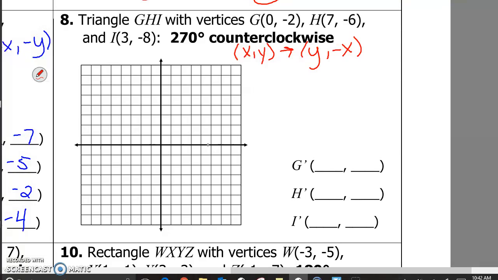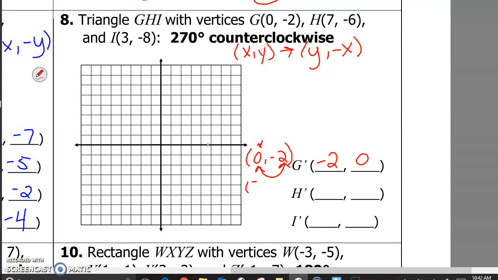And you have to draw these, by the way, in your notes. If you've got 0, negative 2, your points are going to switch, and that x becomes the opposite. So negative 2, and the opposite of 0 is just 0, so that stays the same.